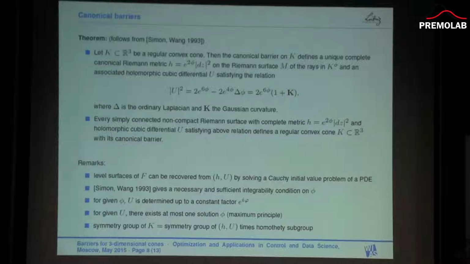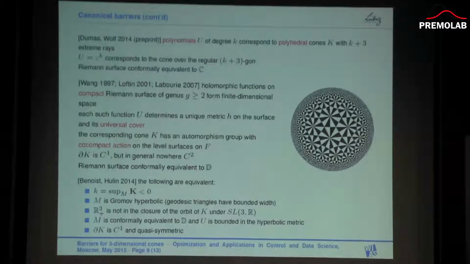Okay, so this I will skip. And here comes the mathematical part. So these are the examples. Quite recently, this is almost a book, so the proof is very long.